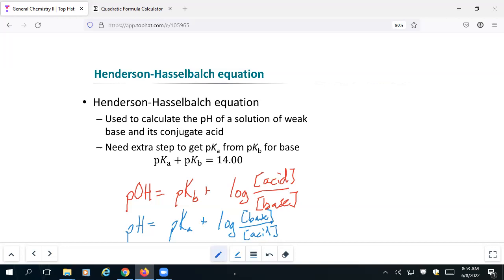Calculating pH for acid versus pOH for base. Using Ka because it's an acid versus Kb because it's a base. Those two things kind of make sense. If I'm dealing with a base, I'm going to deal with pOH, I'm going to deal with Kb. Only difference is the flipping of that fraction.